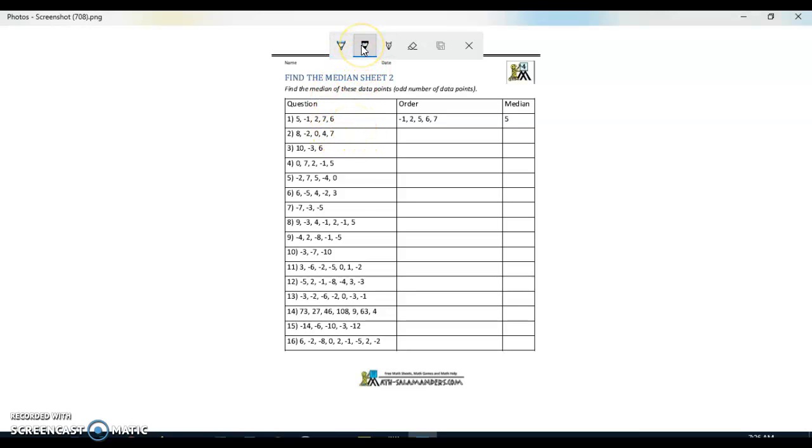So we're going to start first by writing them in order. So we have 8, negative 2, 0, 4, 7. So we know that our negatives are going to be our first numbers. So we would start off by putting negative 2, and then 0, and then 4, and then 7, and then 8. And here it's just the same thing.